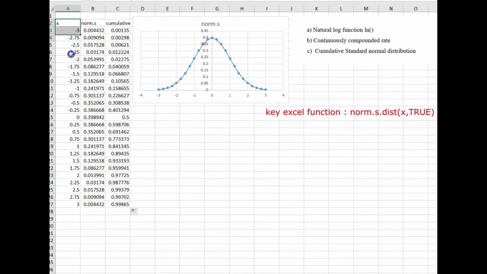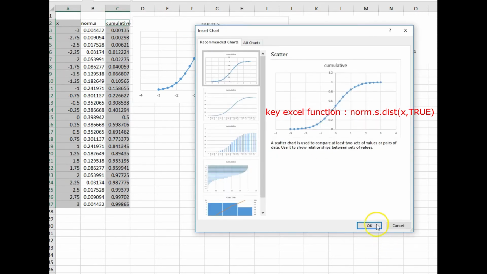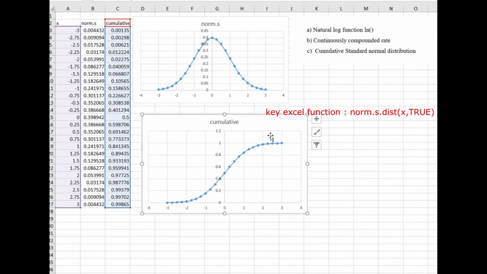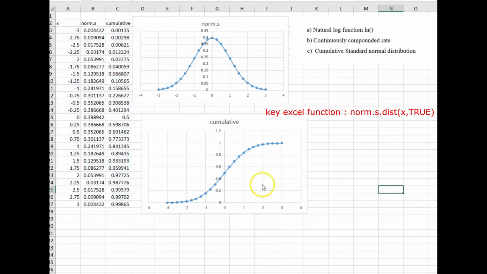Let's draw the graph. We highlight the x column, hold the control key, select cumulative, insert, recommended charts. So this is our cumulative. Because the standard normal distribution is symmetric, 50% is below 0 and 50% above 0. So 0 corresponds to 0.5.